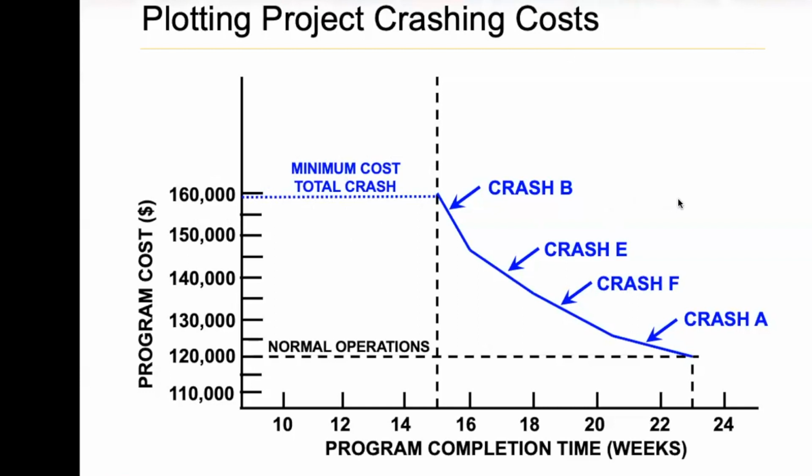I can do it. If I crash all activities, I will spend more money. The cost will increase, but the time will remain constant. The project duration will remain constant. So why do I spend the company's money?